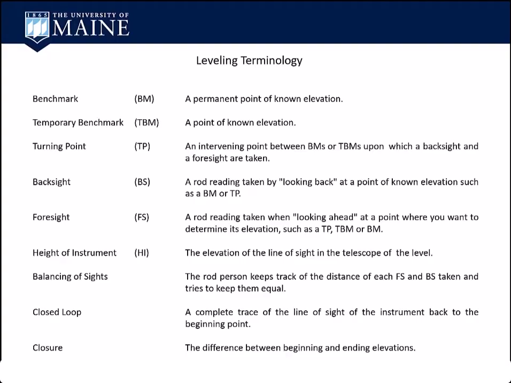But you need to be able to see between the backsight and the foresight to level. So a turning point is just going to be something that you put the rod on so that the instrument person can read the rod.